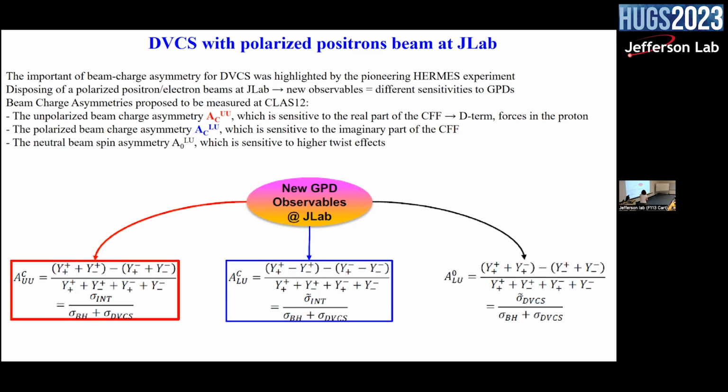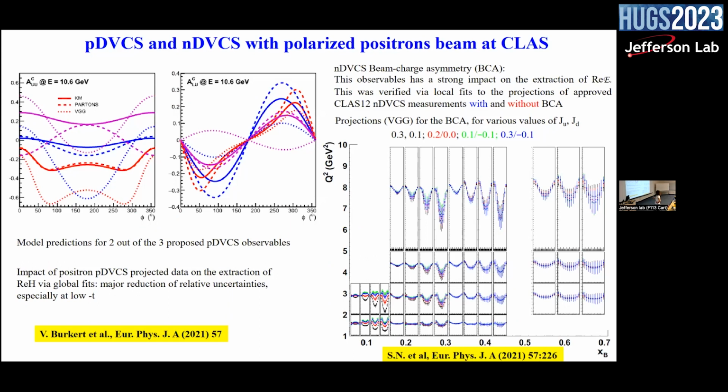So basically, the idea here is to have positron beams and to measure different kinds of beam charge asymmetry, combining or not combining the polarization of the beam. You get observables that are connected to different combinations of parts of the cross-section, and there is a strong sensitivity to the real part of H.